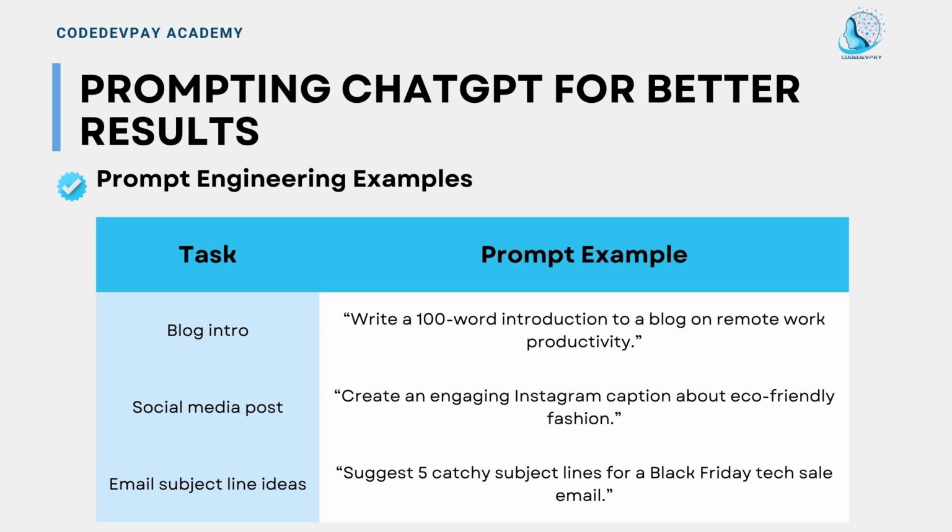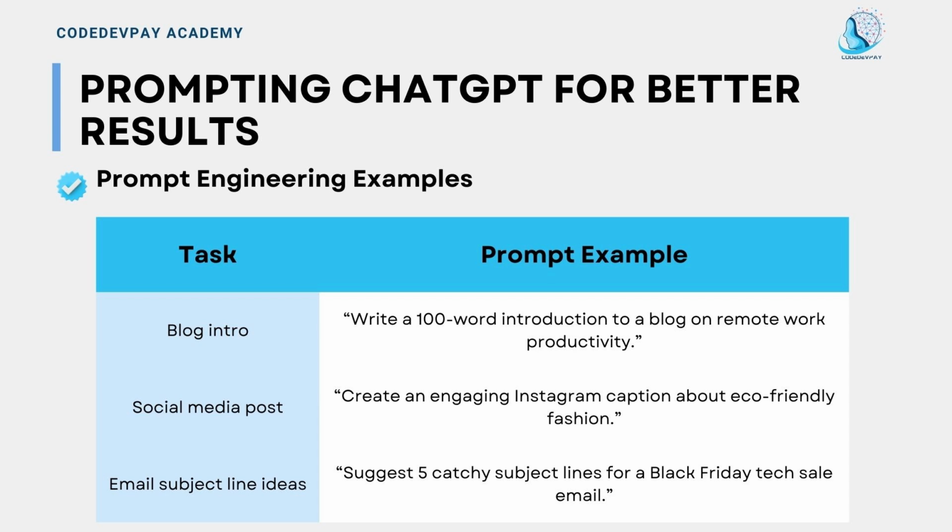So looking at the first example, you could see we specified the number of words that we needed and also the topic for the blog was specified. For the social media post as well, we made it known that it's an Instagram post, and the keyword here is engaging.